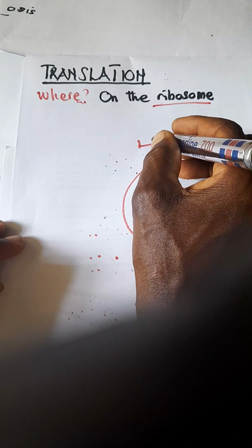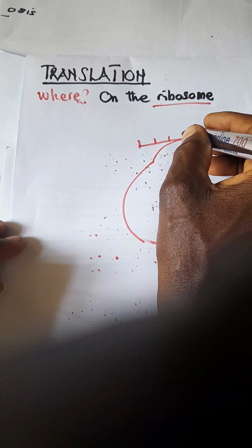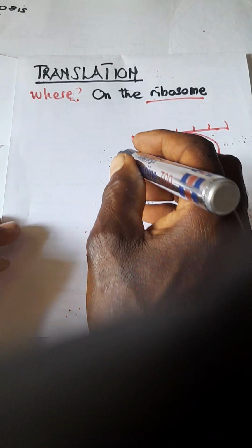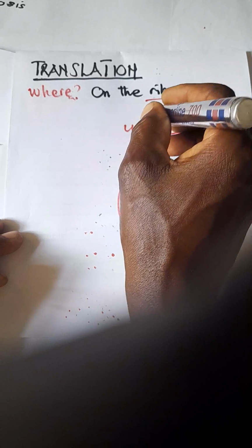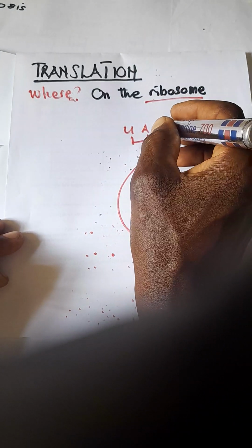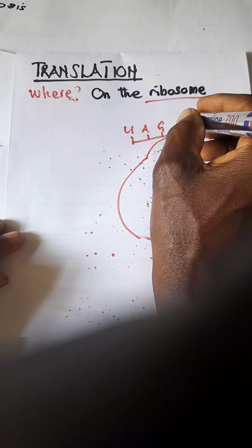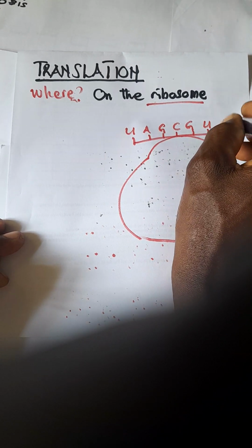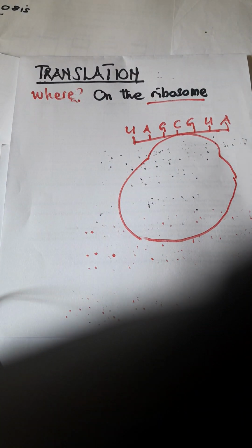Let's take it that this is the mRNA. If we follow that coded message, we're going to have U, A, G, C, G, U, and A. This is the coded message that came from the DNA.